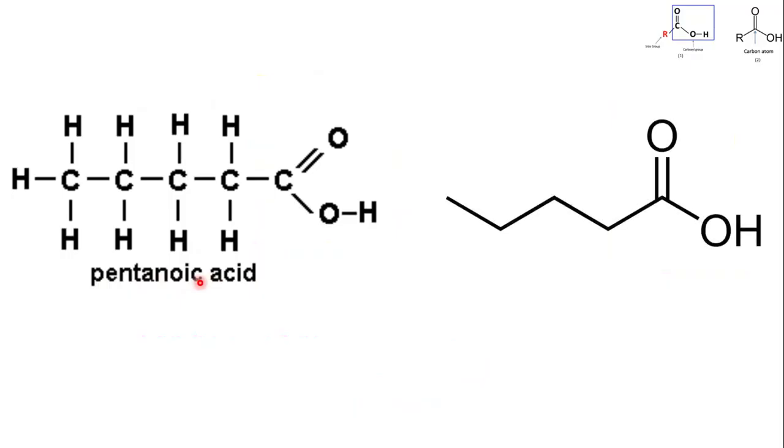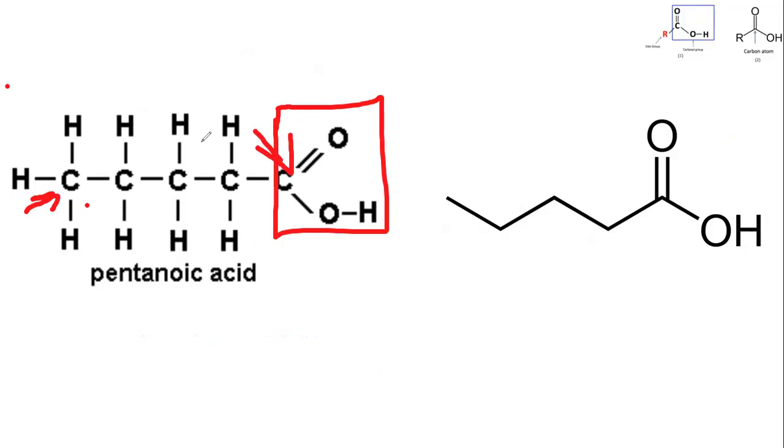Well, we have pentanoic acid because if you look carefully, first of all, we know that this is a carboxyl group. Okay, we know it's a carboxylic acid because we have the carboxyl group plus we have the R group right here. How many carbons do we have? I'm sorry, let me start from here. We have one, two, three, four, and five. So this is the fifth one.